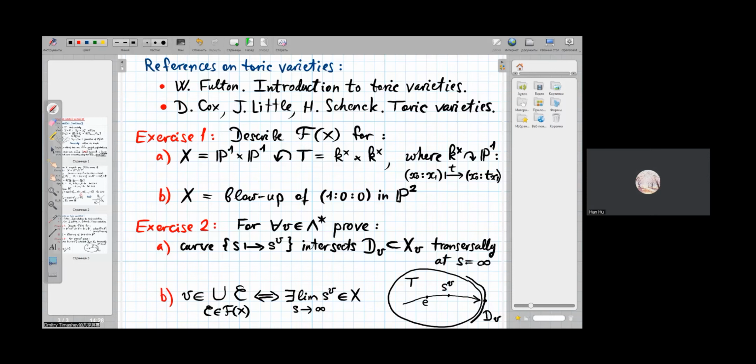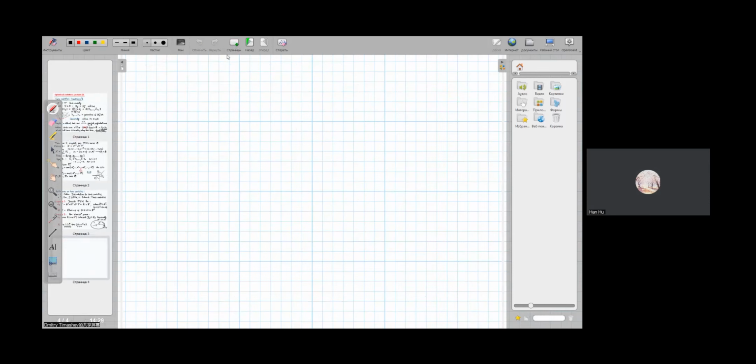Okay. So now let me finish the discussion about toric varieties and turn back to the general spherical case. I claimed just some time ago that affine spherical varieties are simple. Let me formulate a criterion of affinity for a spherical variety, which extends this claim and makes it more precise.